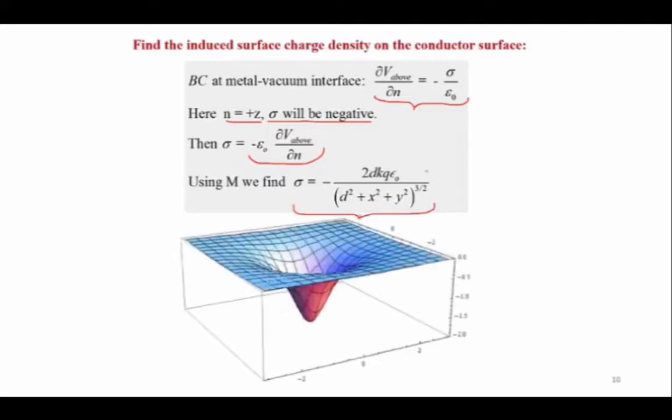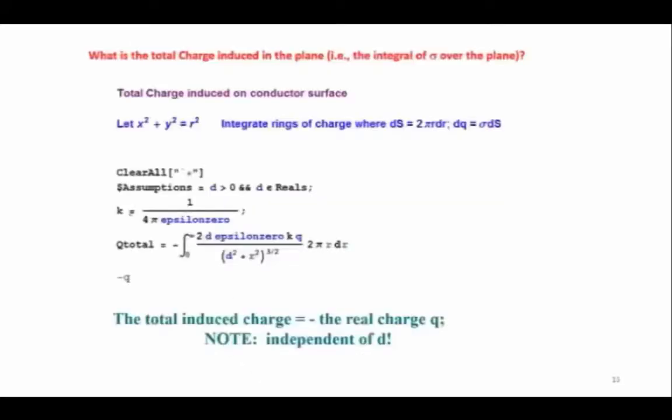In the total charge, we've talked about that already, and we got minus q, so the total induced charge is equal to minus the real charge q, and I want to emphasize that there's no dependence on d. You still get minus q no matter how close or how far you are from the plane with the positive charge above.